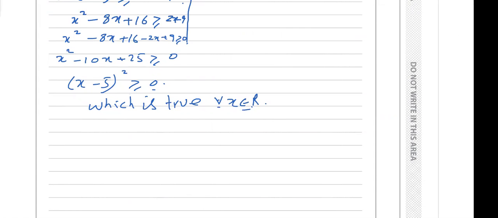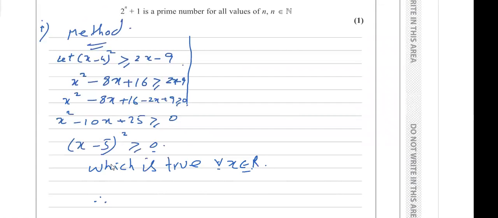So our hypothesis is true. If it were not true, then this general result would not hold. That is why we can say that x minus 4 squared is greater than or equal to 2x minus 9.